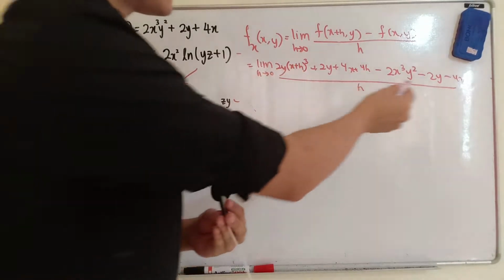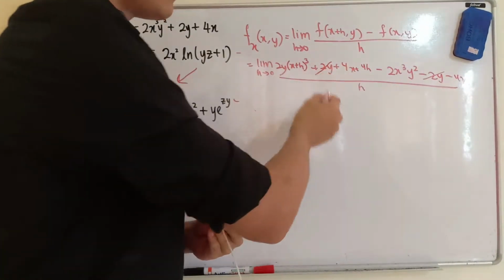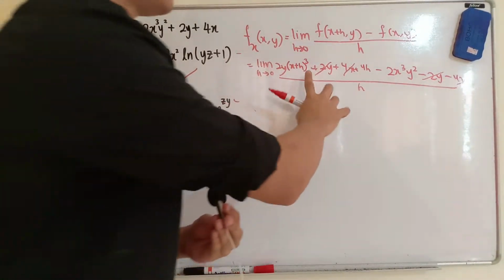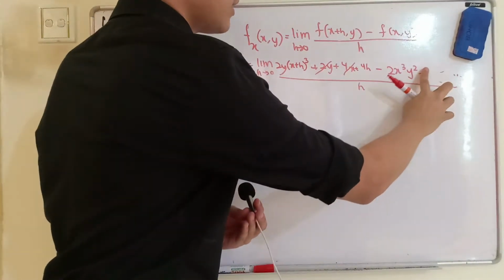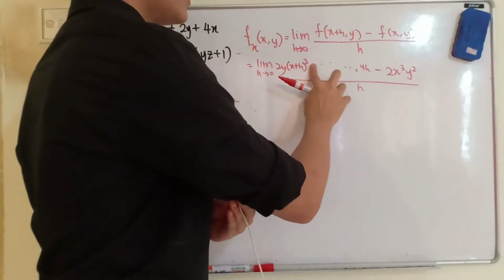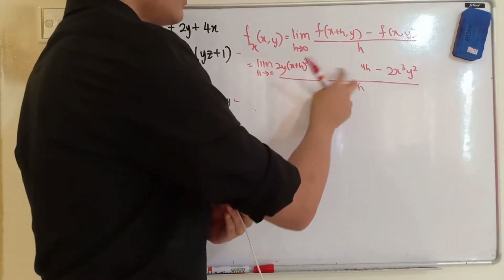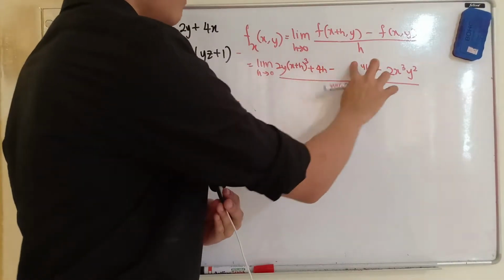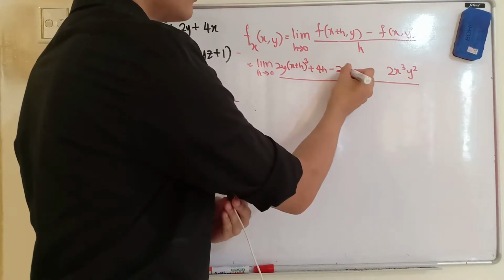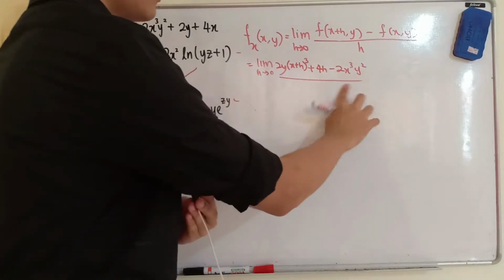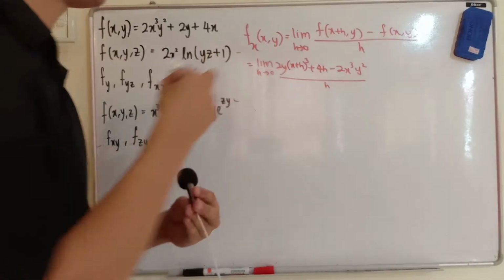You can cancel this y and you can cancel this x, which will make your life easier and make the equation shorter. They're going to disappear. So you only have here 4h minus 2x cubed y squared. So your equation only left this long.